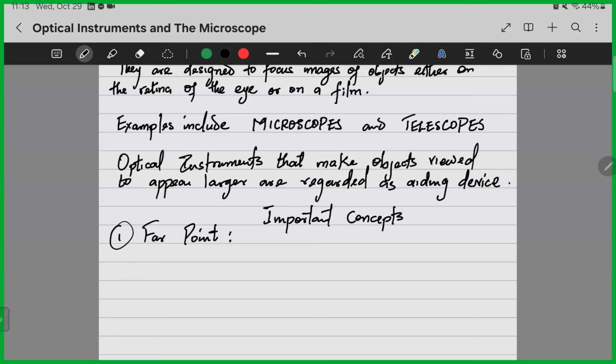Far point refers to the most distant point the eye can focus. So take note of that.